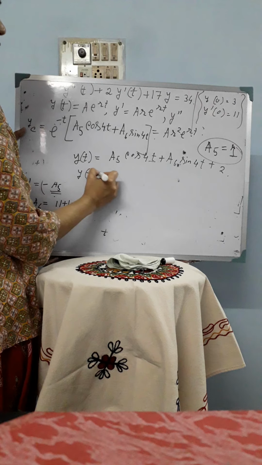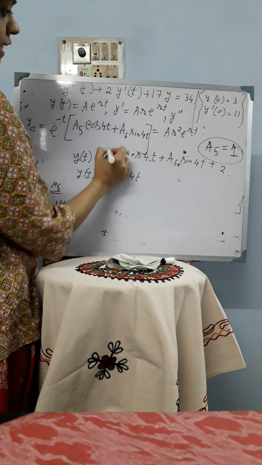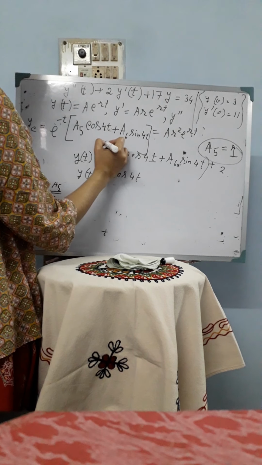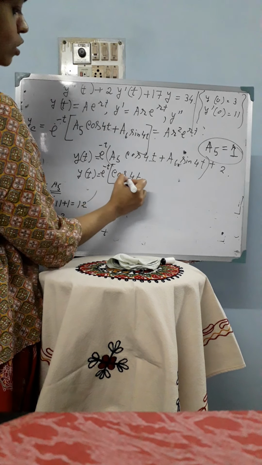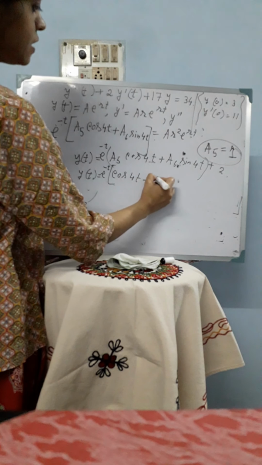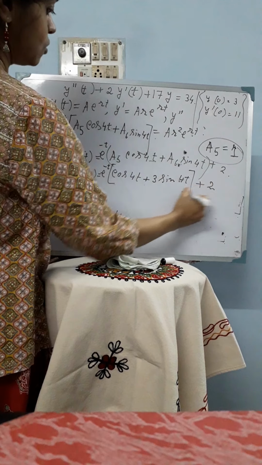Now the value of a5 is 1, and e to the power h t is e to the power minus t. So y t is equal to e to the power minus t times cos 4t plus, the value of a6 being 3, 3 sin 4t, plus 2. So this is the answer.